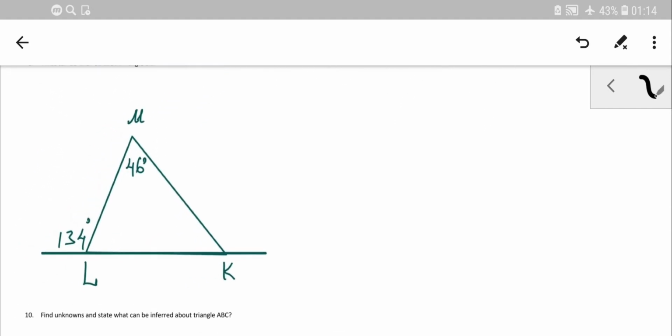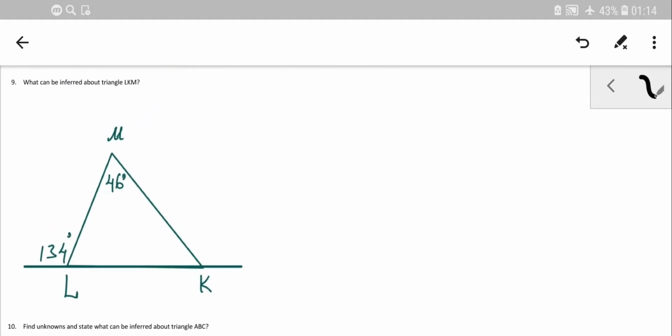So number 9. What can be inferred about triangle LKM? We have a triangle, we have the measure of the top angle 46, and this is 134. We can calculate this angle, because in those sort of problems you tend to need the interior angles of the triangle.